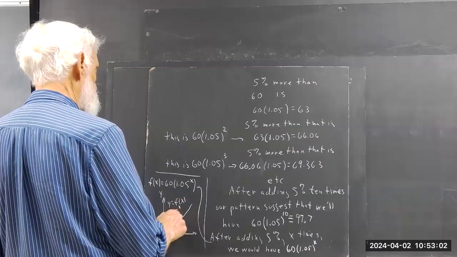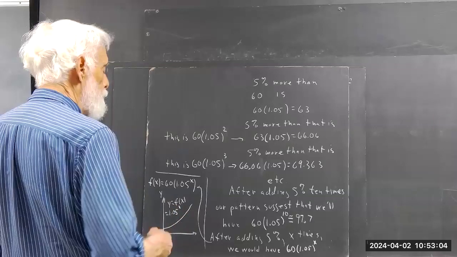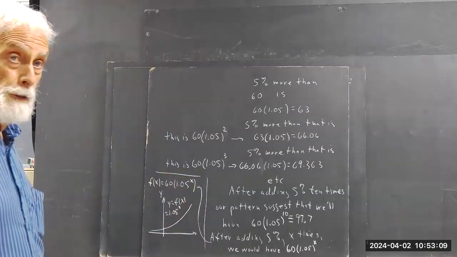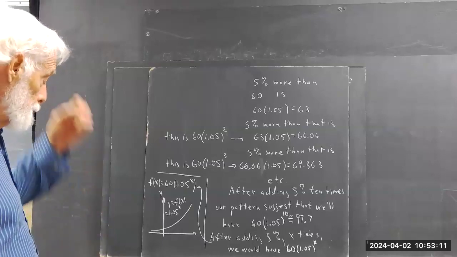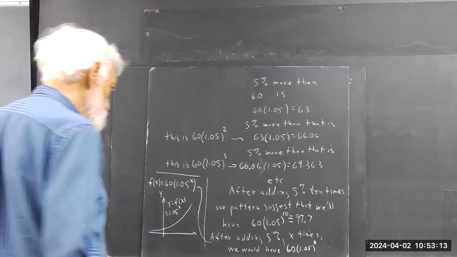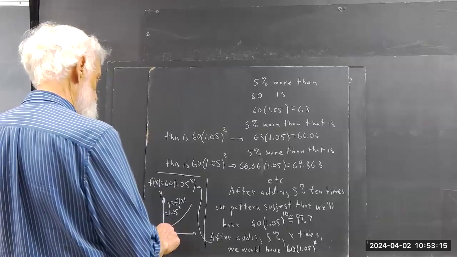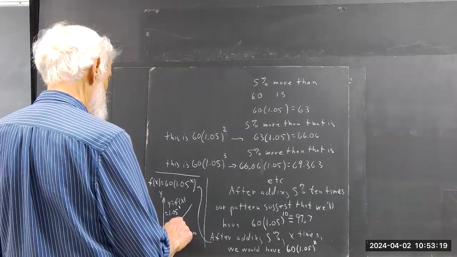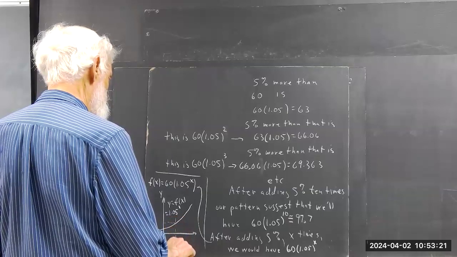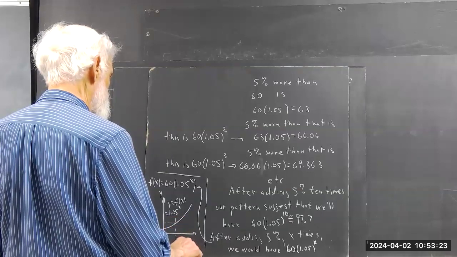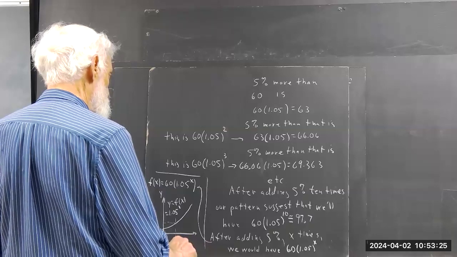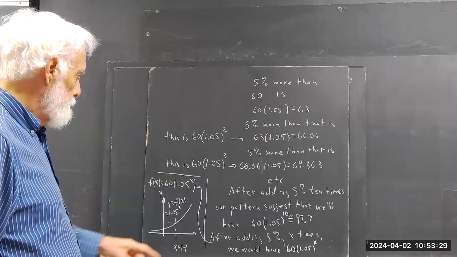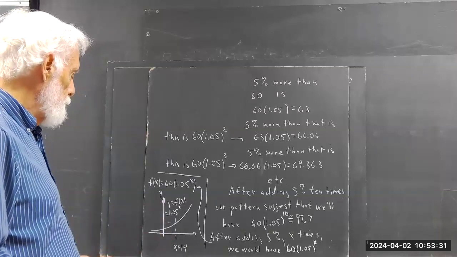Y equals f of X, which is 1.05 raised to the X. It looks just like any other exponential function, but the scale's a little different. The doubling time out here would be roughly X equals 14. So that would be about the scale on this graph.